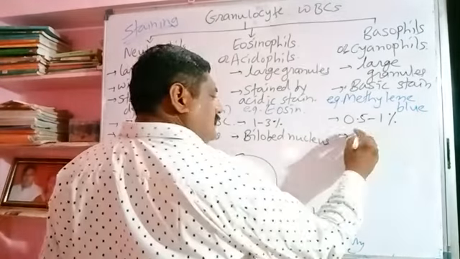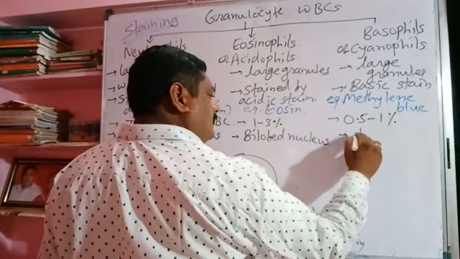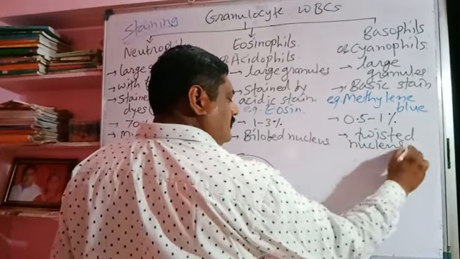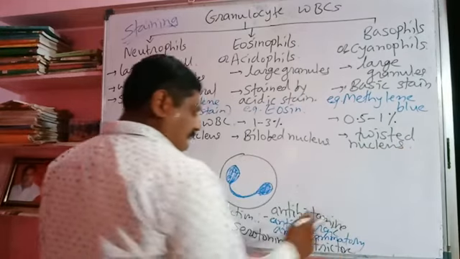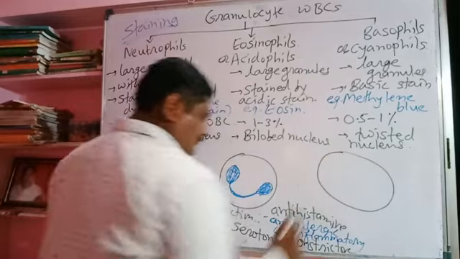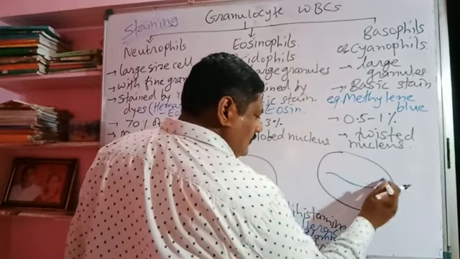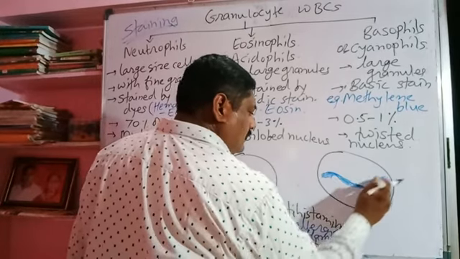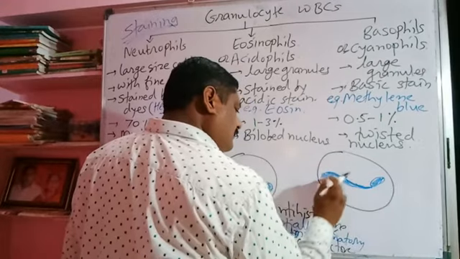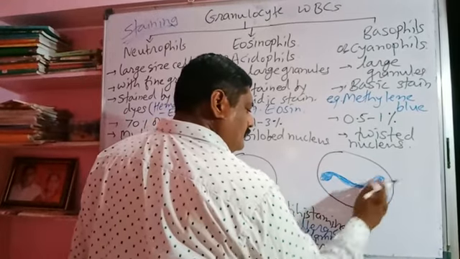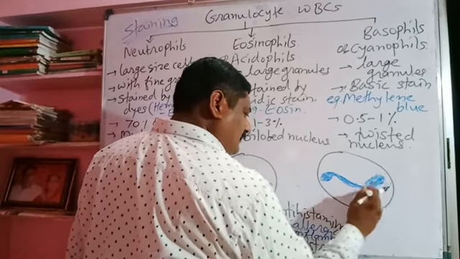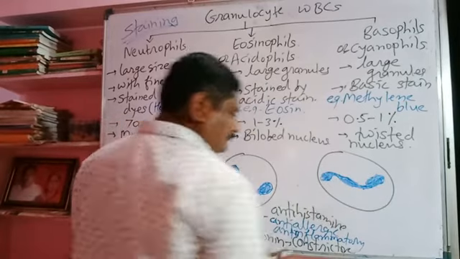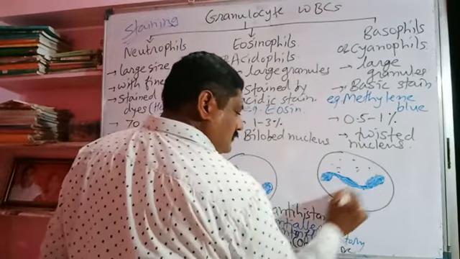The nucleus is twisted, slightly S-shaped, twisted nucleus, having some lobes. Granular.